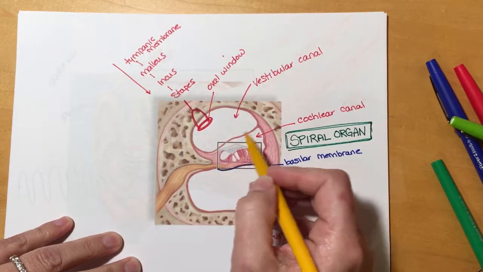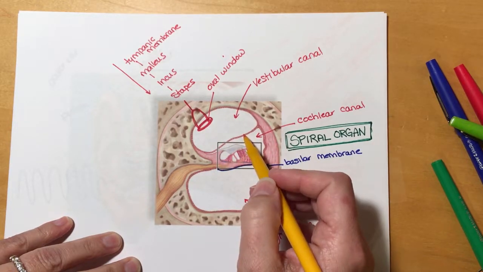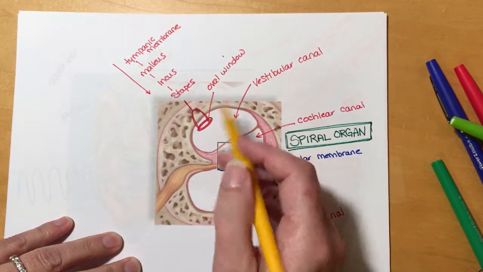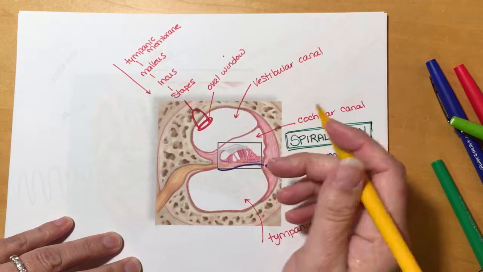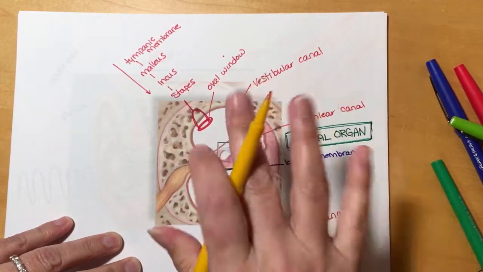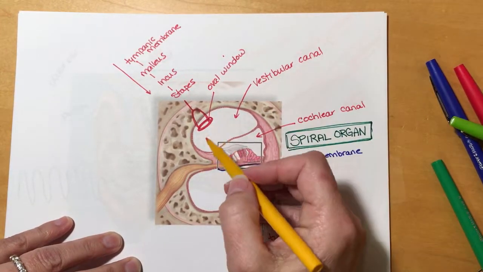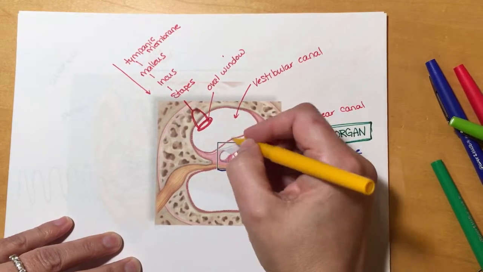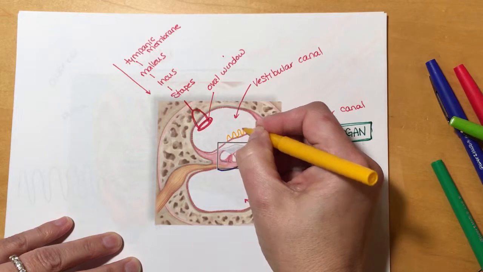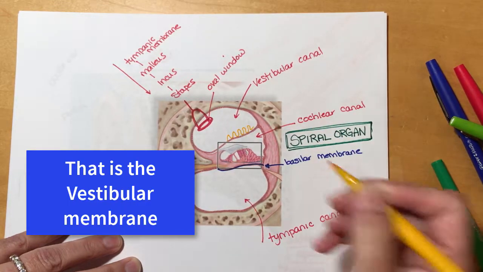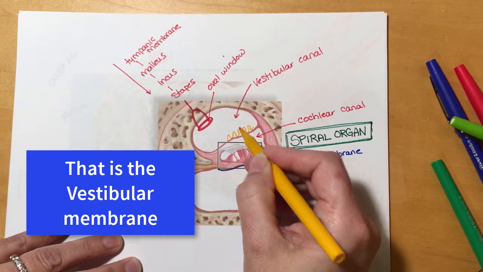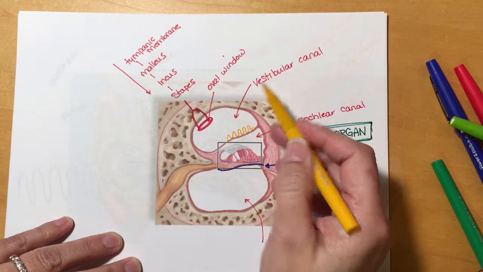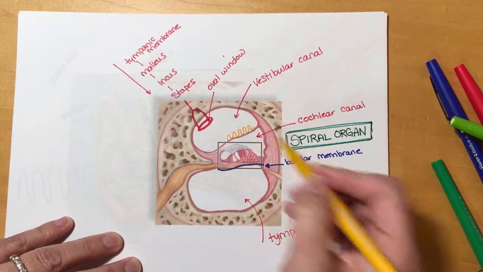Remember, the vestibular canal is filled with fluid, so when the stapes pushes on it, it's like pushing down on a waterbed. It causes waves in the fluid inside the vestibular canal. Those waves are going to make this membrane move up and down, and that will transmit that wave energy from the vestibular canal into the cochlear canal.